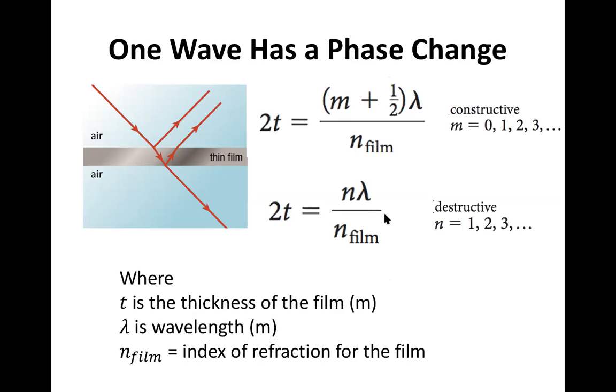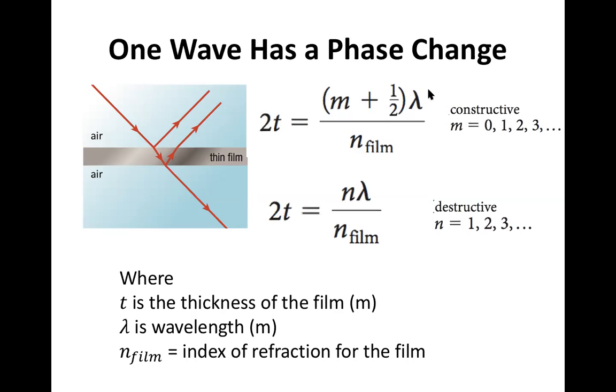And these are the equations. 2t equals (m plus a half) lambda divided by n of the film, the index of refraction of the film. And this is the equation for constructive interference.